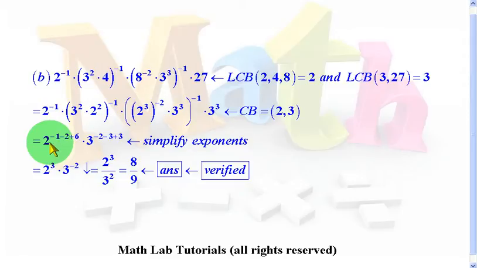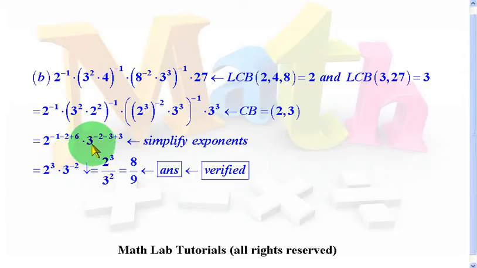And what we're going to do is scan the exponents only for base 2 exponents. So we get a negative 1 from here, drop it down. 2 dot negative 1 is negative 2, drop it down. And 3 dot negative 2 dot negative 1. Okay, so be careful. You have to do 3 dot negative 2 dot negative 1, which will give you 6, drop it down, and we're done with base 2.